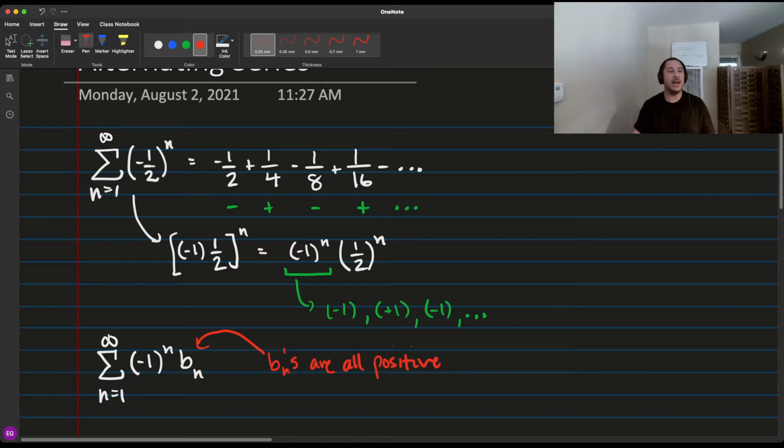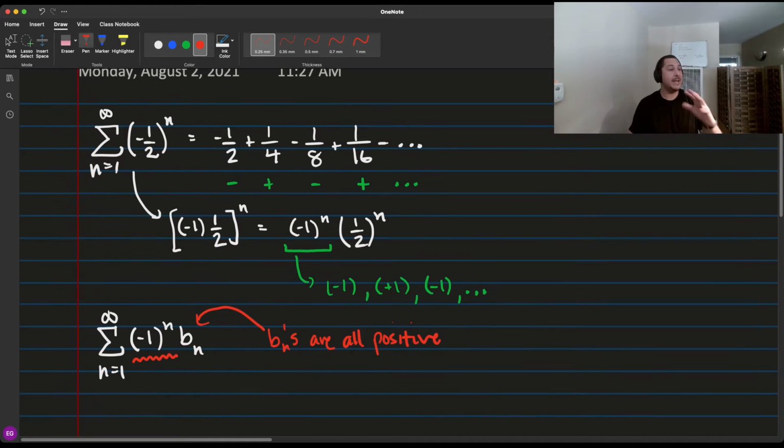It's usually not given to you in this form, but you can always take any alternating series and rewrite it as a (-1)^n part, which causes the flip back and forth, the alternation, and then this b_n, where the b_n's are all positive. Whenever I talk about b_n for the rest of this, we're assuming that the b_n's are all positive. We've factored out this (-1)^n part that causes the flip.